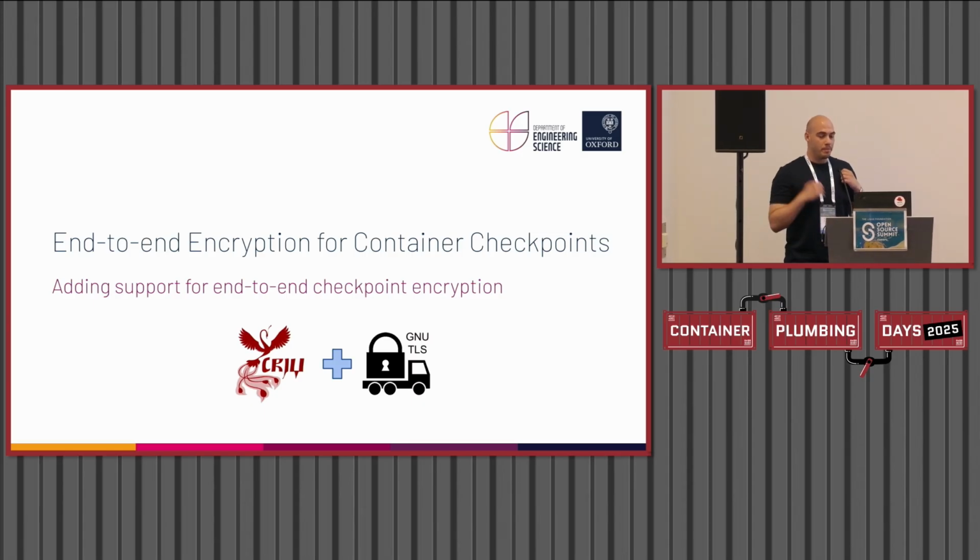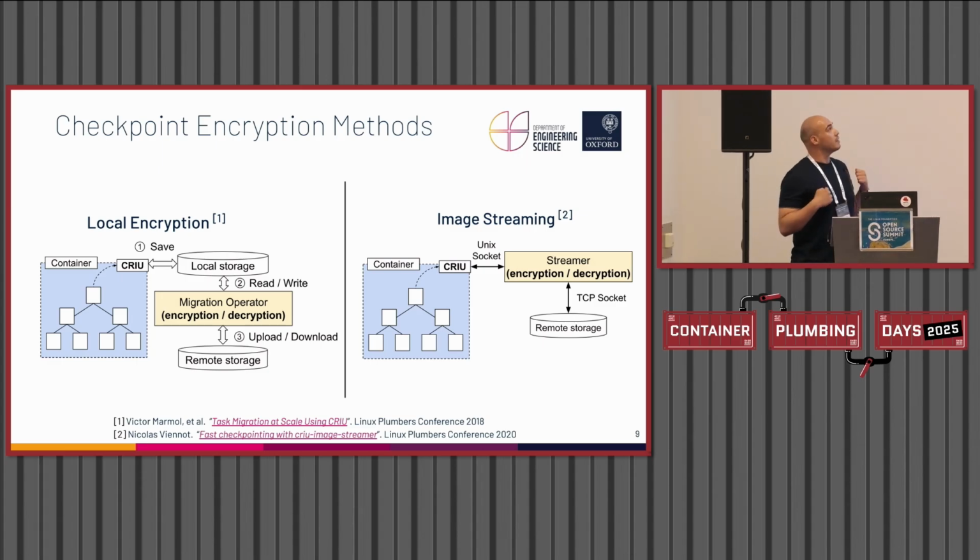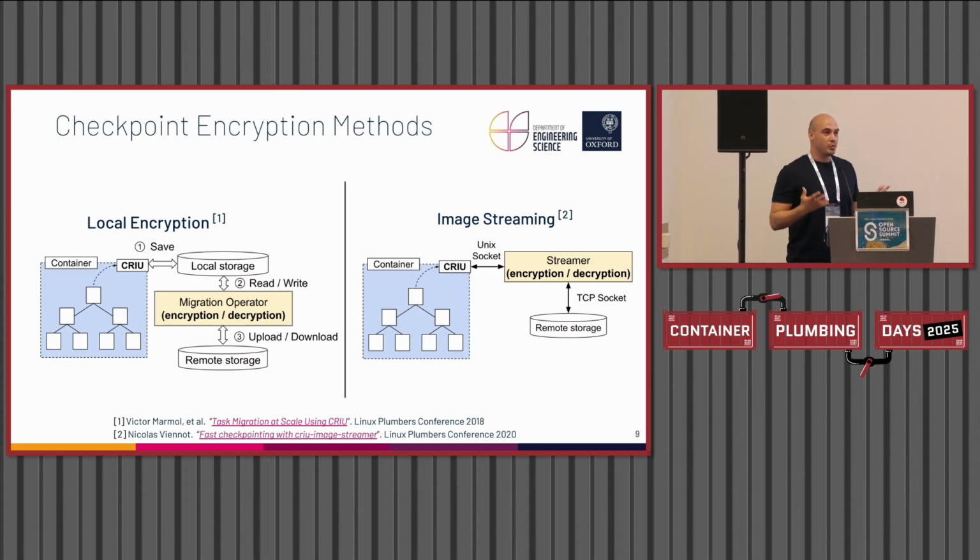So implementing encryption is very important, and the two common approaches are, first, using standard encryption tools, where you create a checkpoint, then read it back, encrypt it, and save it again. But this introduces a lot of overhead because, for example, if you have hundreds of gigabytes that you have to read and then write back, it takes a lot of time.